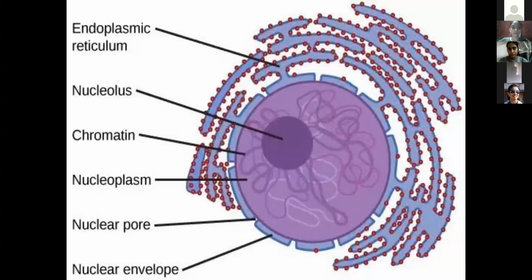Structure of nucleus. First of all, the outer covering, the nuclear envelope. This nucleus is a double membrane structure like ER and Golgi body.